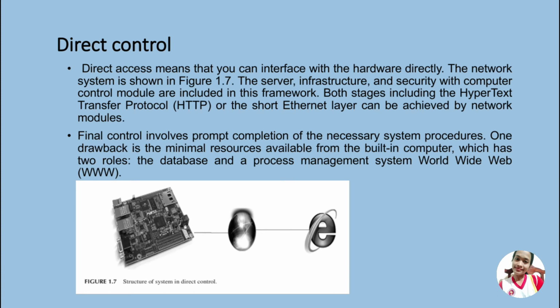Final control involves prompt completion of the necessary system procedures. One drawback is the minimal resources available from the built-in computer, which has 2 rows, the database and a process management system, World Wide Web.